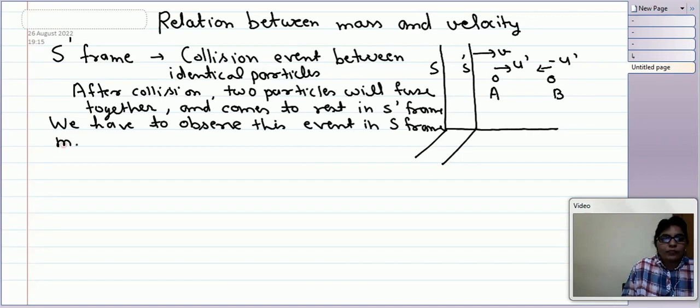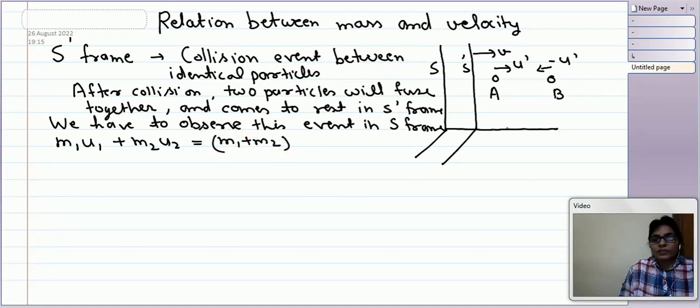So initially it is m1 u1 plus m2 u2, and afterward they will combine, so it will be m1 plus m2, and they will be at rest in the S dash frame. If any body is at rest in the S dash frame, it means that it is moving with velocity v with respect to S. So this is multiplied by v. This is the equation for the conservation of linear momentum in the S frame.